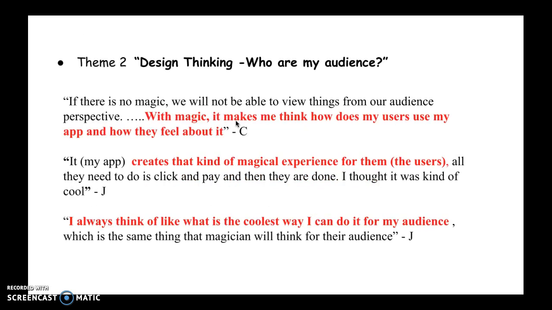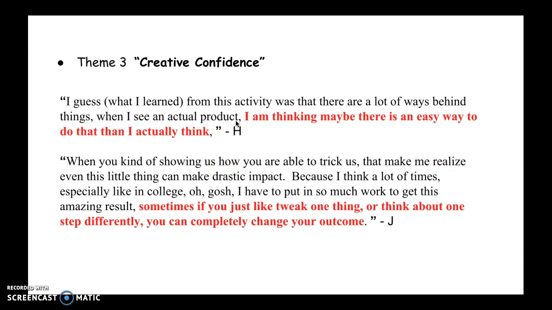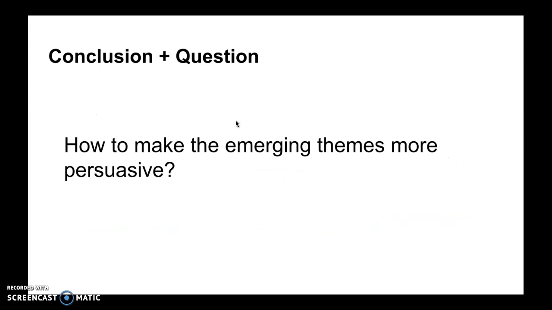The second theme and the third theme, I never expected they're gonna think in this way. So I believe that inductive process really helped me to catch something that I never thought about.